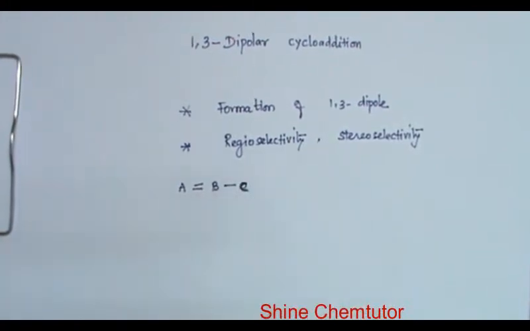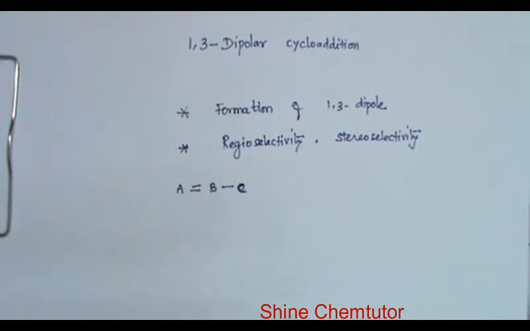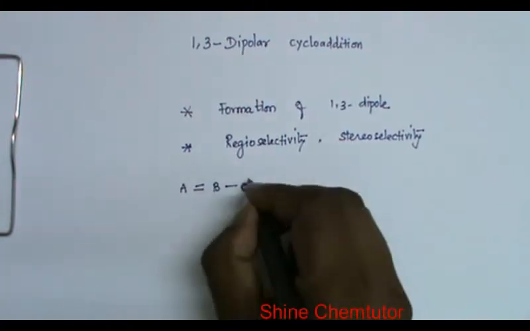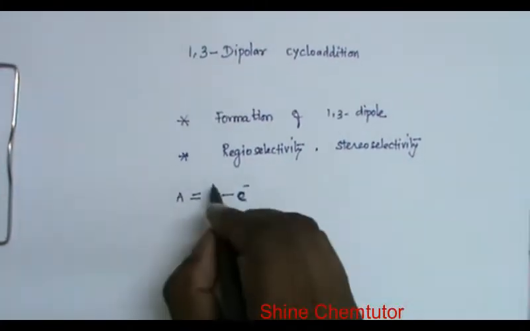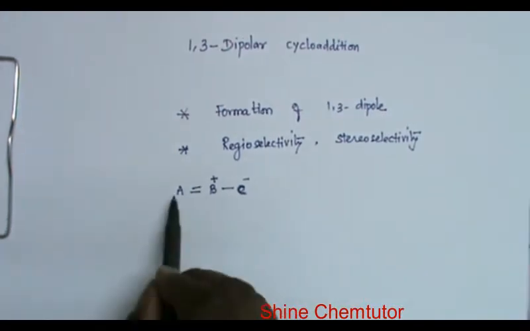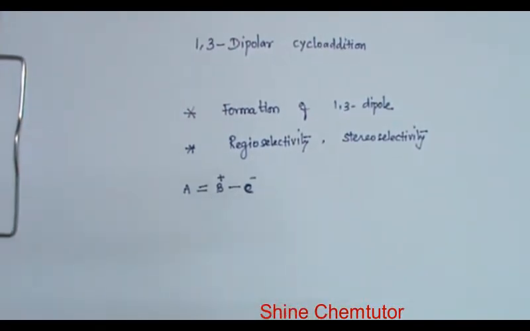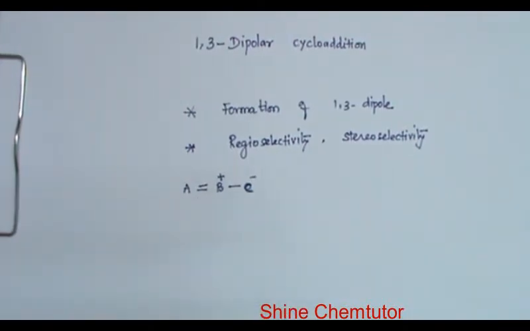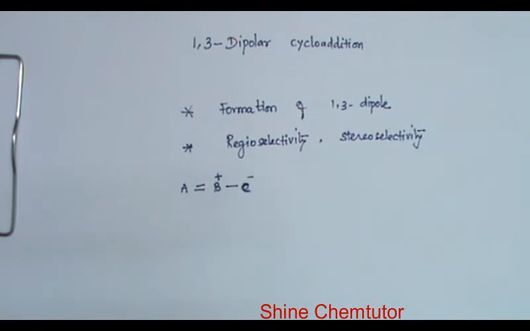I go for atoms A, B, C. I don't say whether it is carbon, oxygen or nitrogen, just say ABC. There will be a minus charge on one and a plus charge on another one. The plus charge should not be on the terminal; it should be on the middle one. Instead of a double bond, there may be a triple bond also. So this is called a 1,3-dipole.